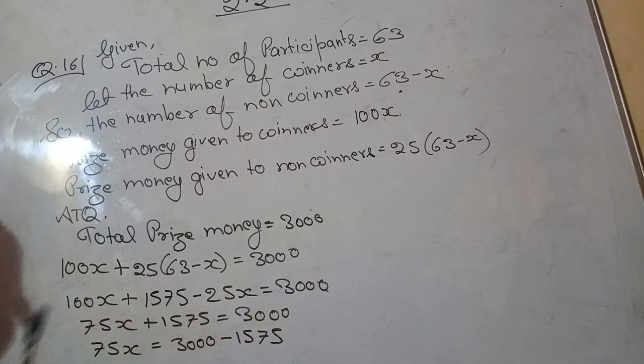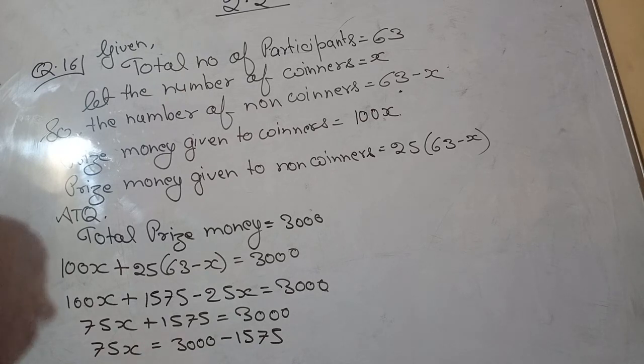Now adding like terms together and different terms together. 100x minus 25x gives us 75x, and 1575 as it is, equals 3000. When we transpose 1575 to this side, it will become negative.